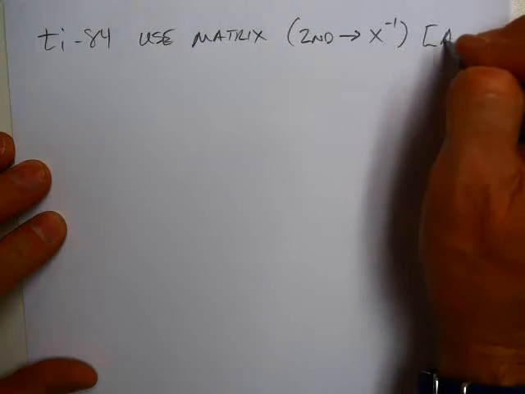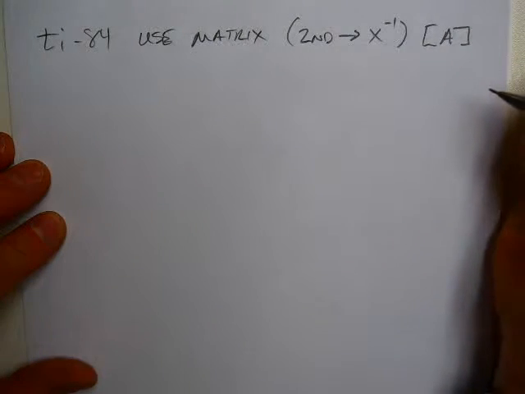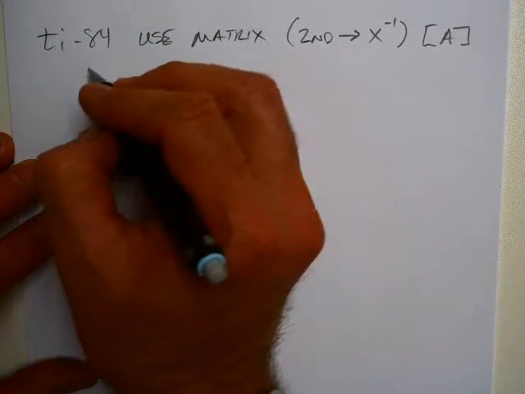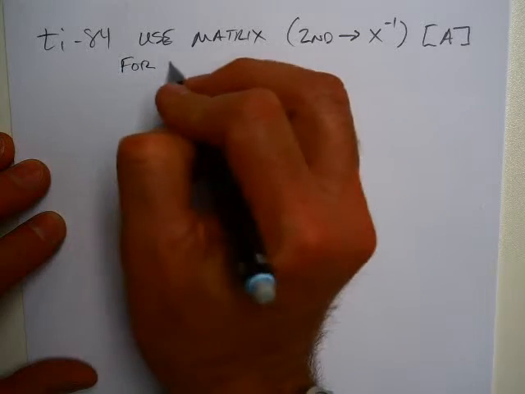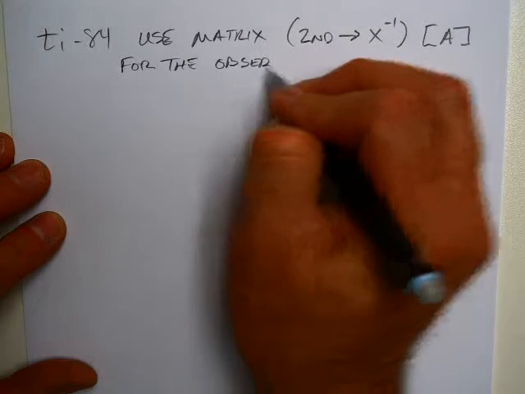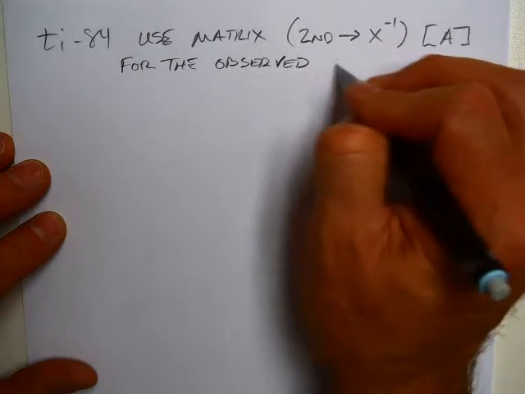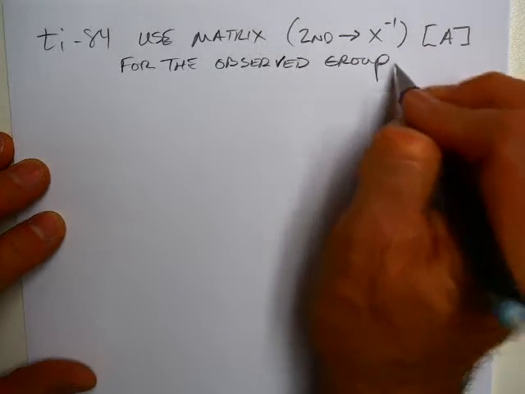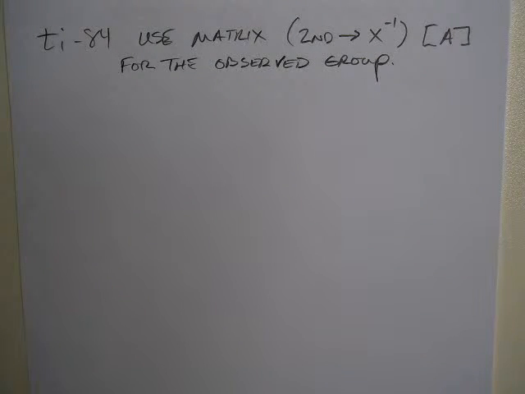And we're going to input in matrix A the observed group. I'm not even going to give you the formula to do this longhand. Okay? We're not doing it. You've got a tool here that'll do it for you. It's solid.